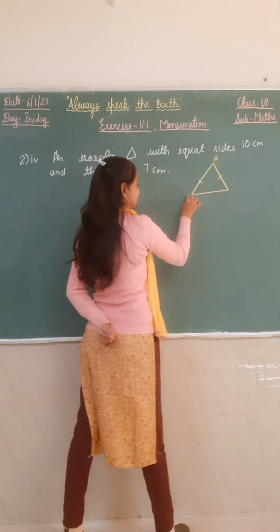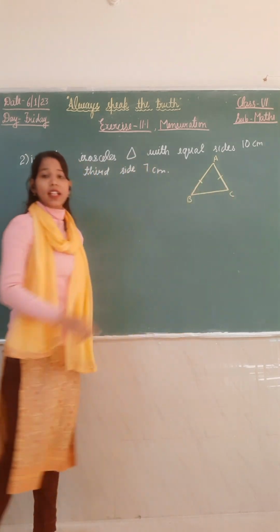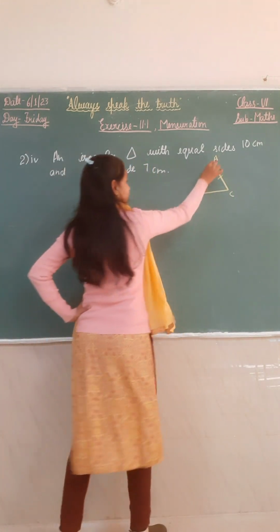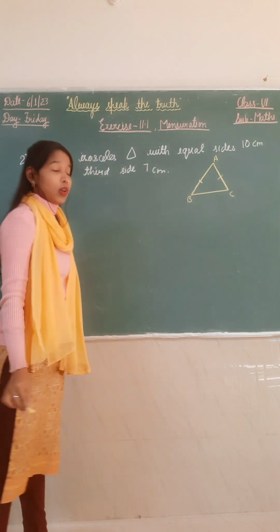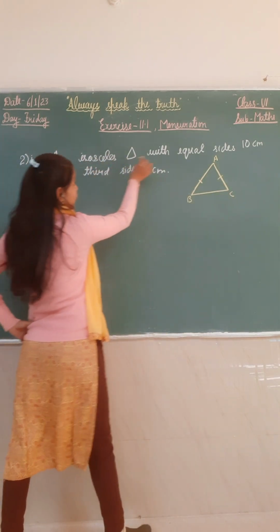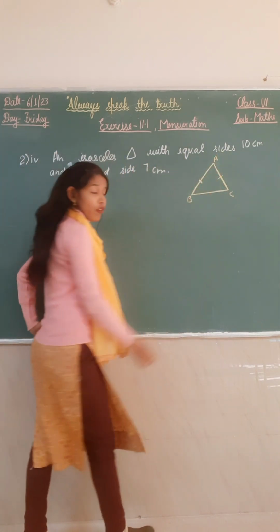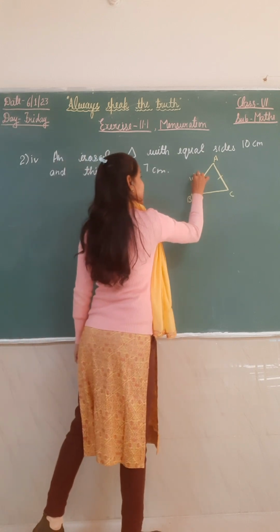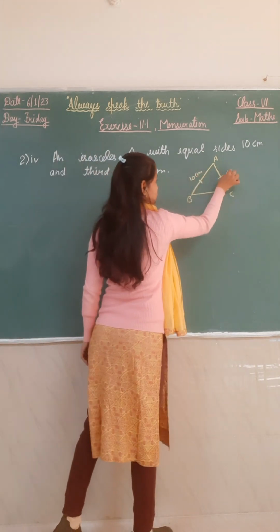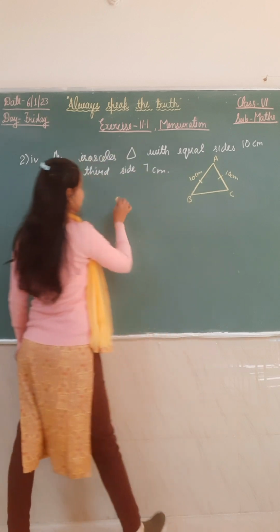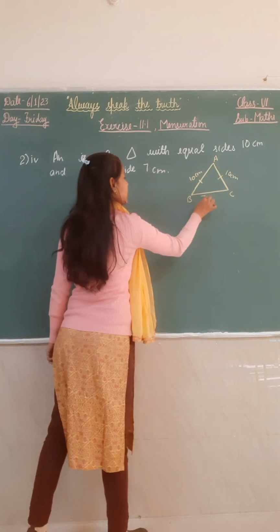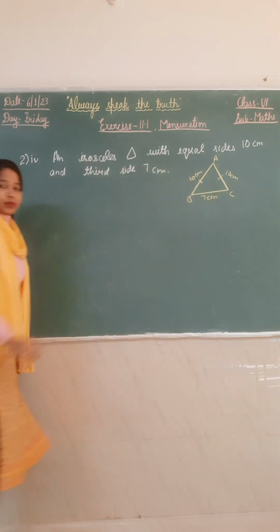So A, B, C, this is triangle ABC, and sides AB and AC are equal here. The equal sides are 10 centimeter each, so we will write 10 centimeter here, and it is also 10 centimeter. And the third side is 7 centimeter.